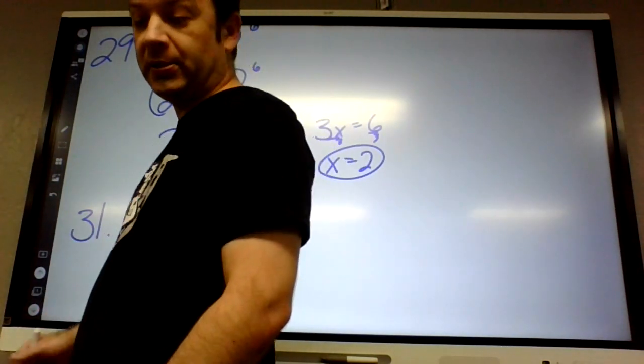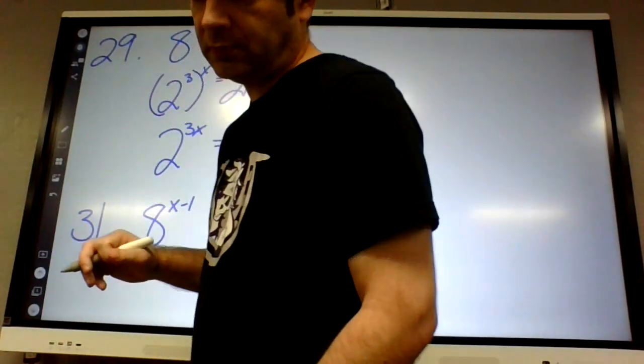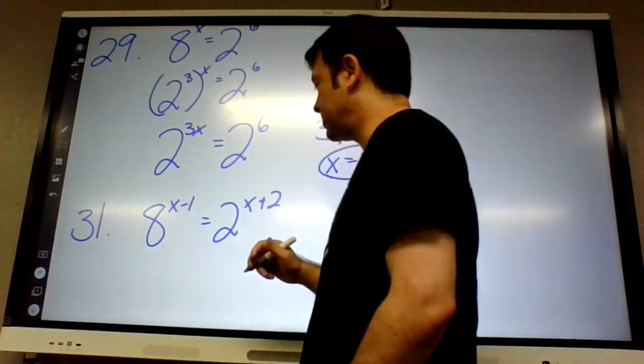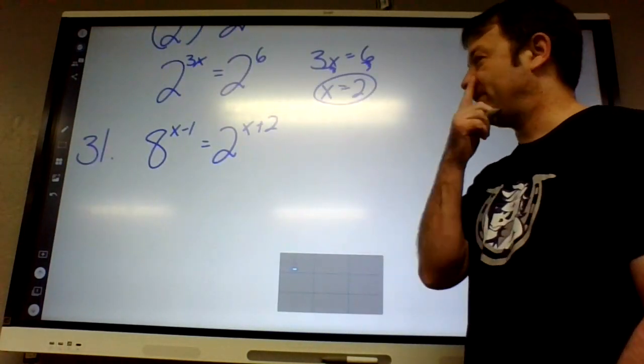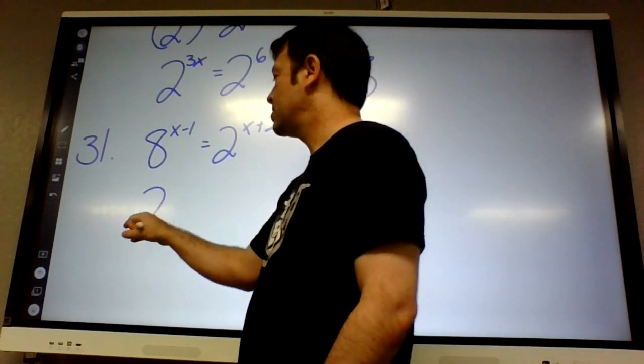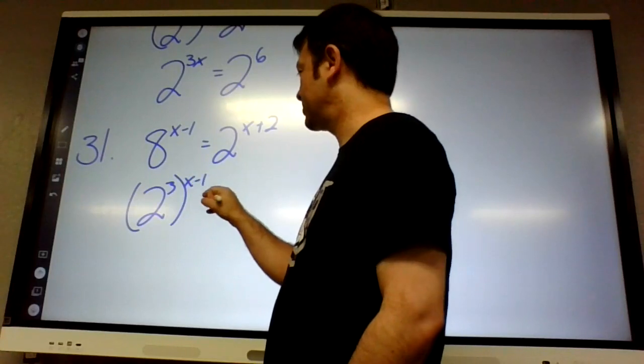We're doing 8 again on number 31. Okay, so 8 and 2 can both be turned into powers of 2. 8 is 2 to the third again. There's an x minus 1 out there.